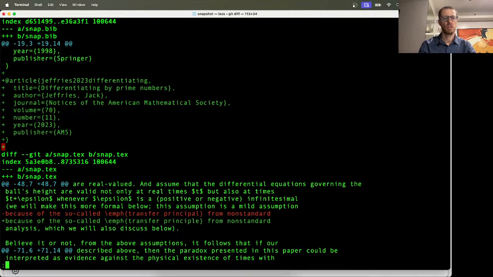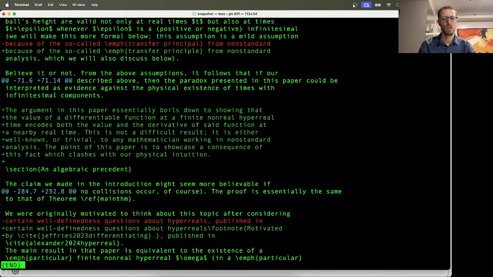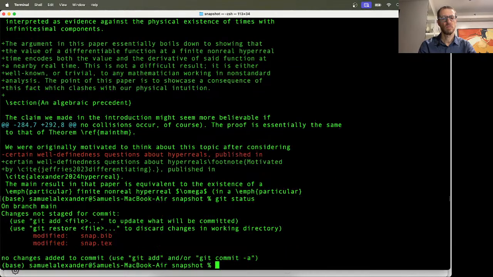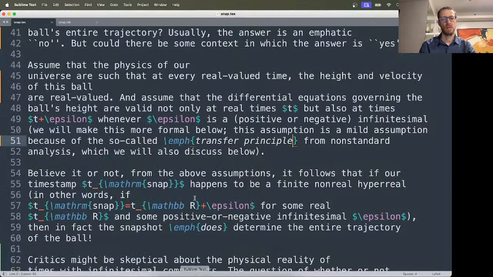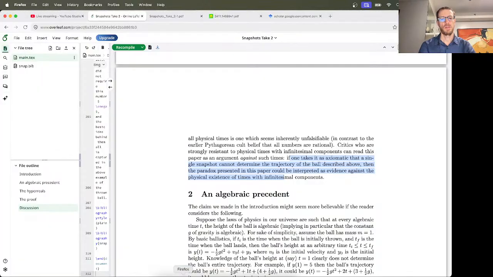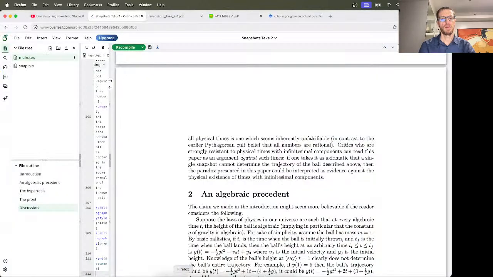Commit that spelling correction. And what else did we change here? Oh, yeah, and cite Jeffries. Pick a spelling error and cite Jeffries. Okay. Wait a minute. Oh.